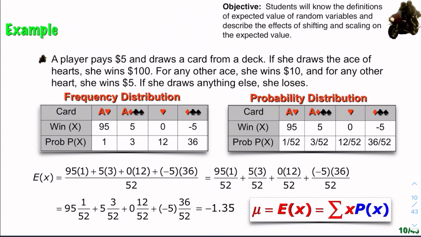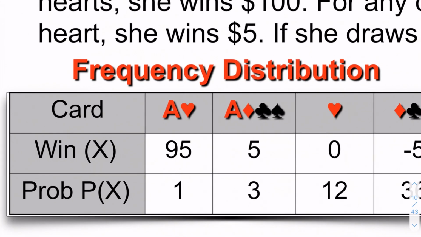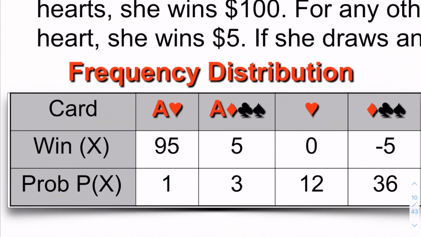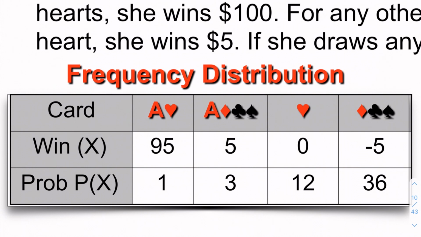So just like with anything with means, we add them all up and we divide by the total number. Well, in this case, the total number is 52. And so there's 1 chance of drawing the ace of hearts, 3 chances of drawing the other 3 aces, 12 other hearts to draw, and 36 other cards.